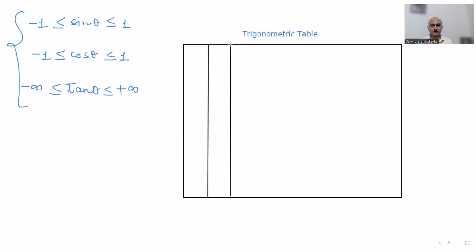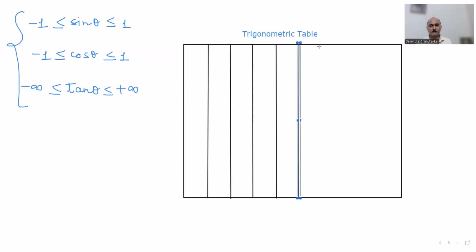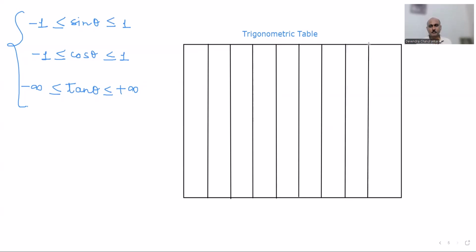Functions: 0 degree, 30 degree, 45 degree, 60 degree, 90, 180, 270, and 360.